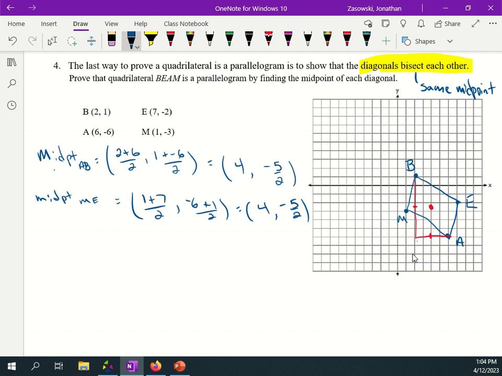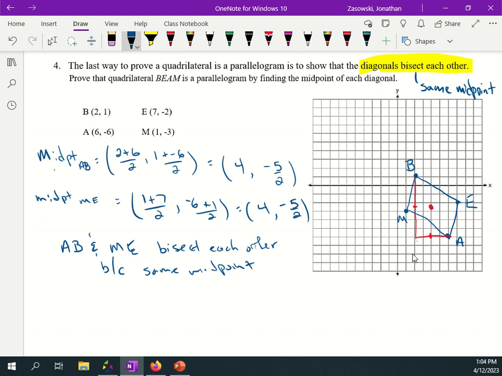So that means that AB and ME bisect each other, because they have the same midpoint. And then we can make our summary statement.